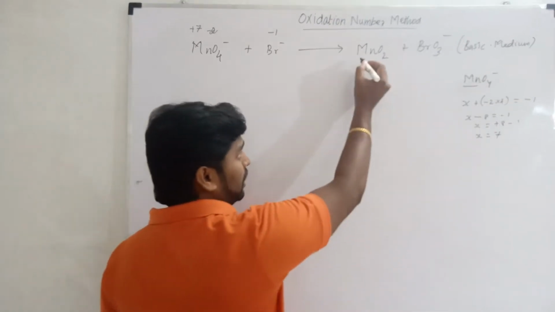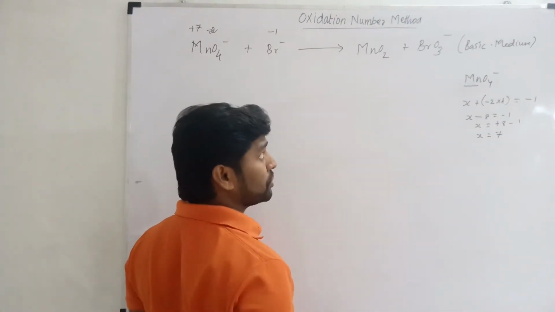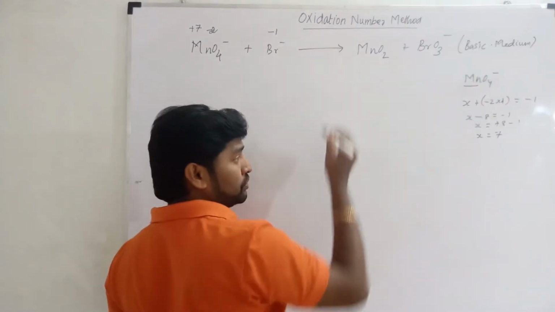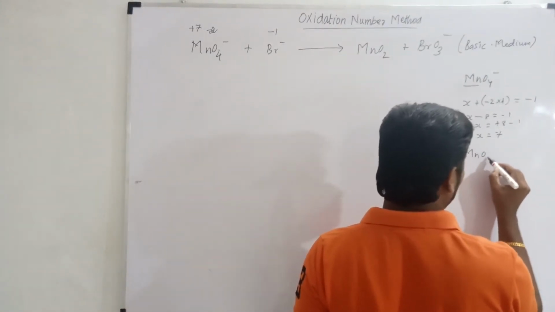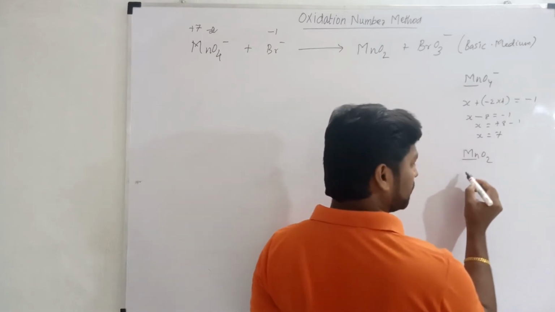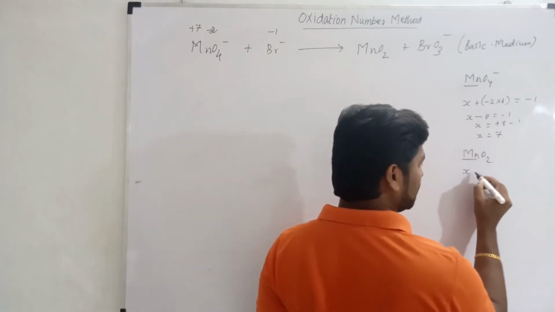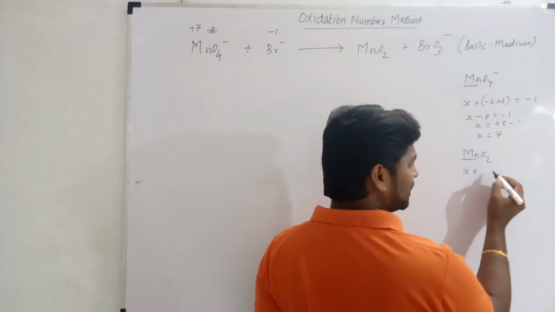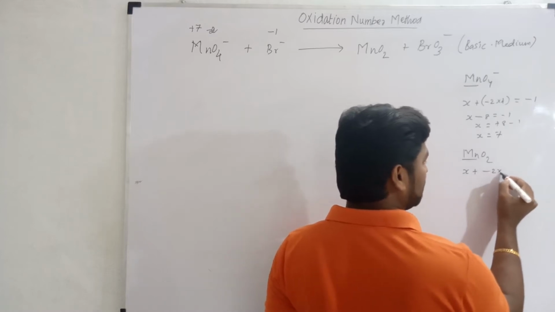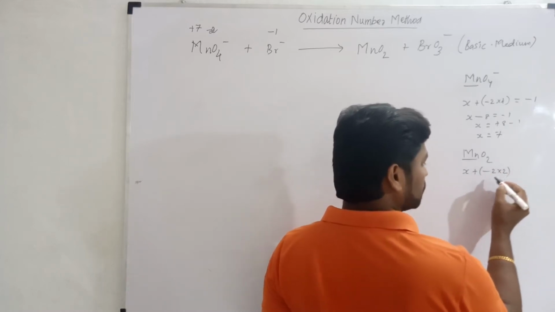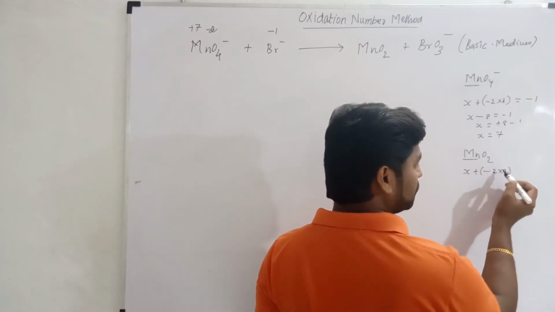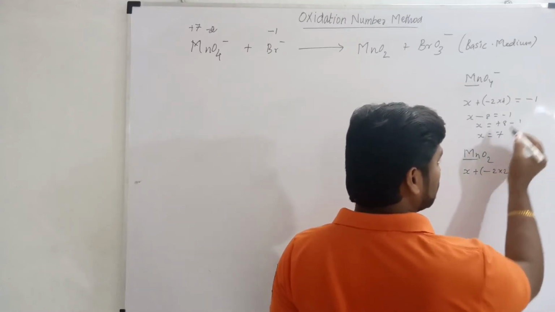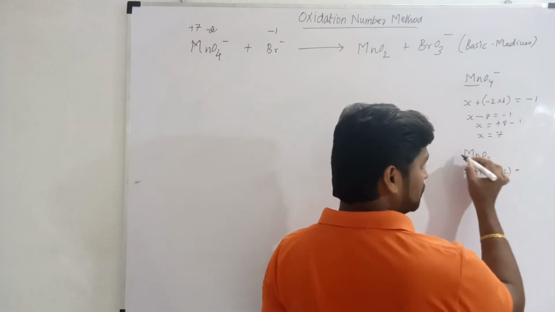Now let's calculate the oxidation state of Mn in manganese dioxide, MnO2. By the same method, we consider Mn as X. There are 2 oxygens, so -2 multiplied by 2, equal to 0, because it is a neutral compound.